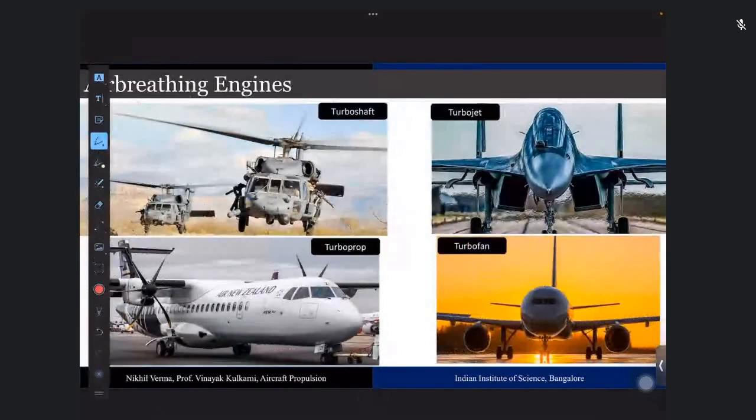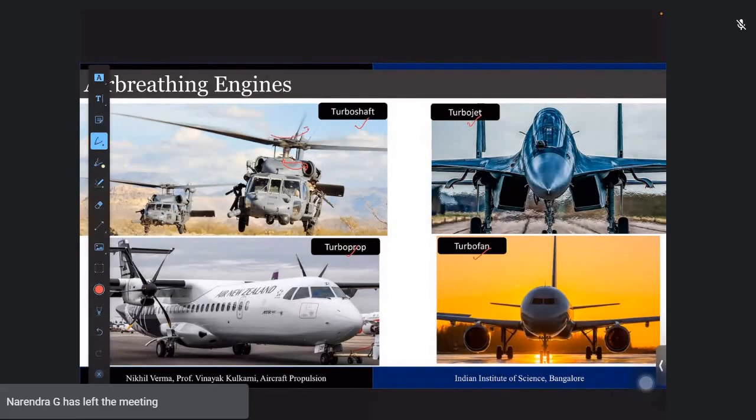Coming on to the classification of air breathing engines, they can be classified as turboshaft engine, turbojet engine, turboprop engine, and turbofan engine. The turboshaft takes the air, and provides the mechanical energy to a shaft which runs this blade, and this helps in generation of thrust.